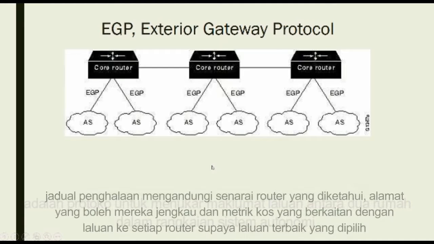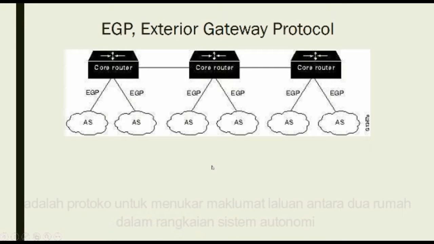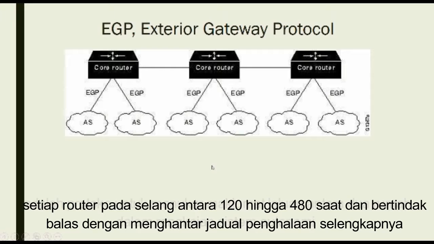The routing table contains a list of known routers, the addresses they can reach, and a cost metric associated with the path to each router so that the best available router is chosen. Each router polls its neighbor at intervals between 120 to 480 seconds, and the neighbor responds by sending its complete routing table.